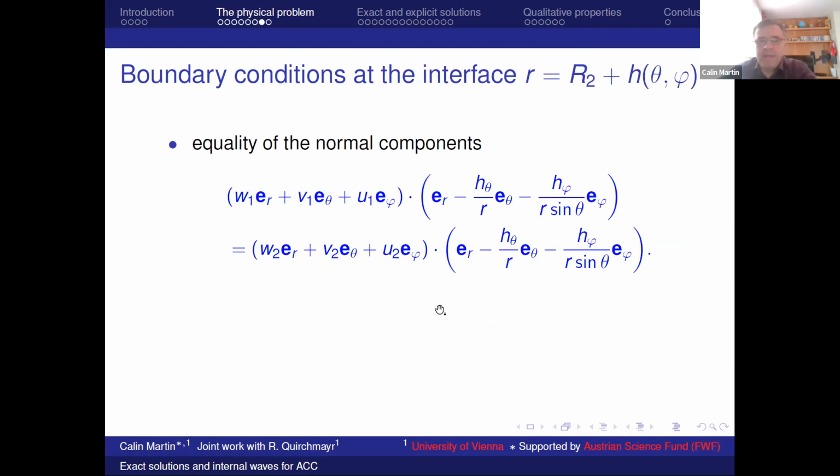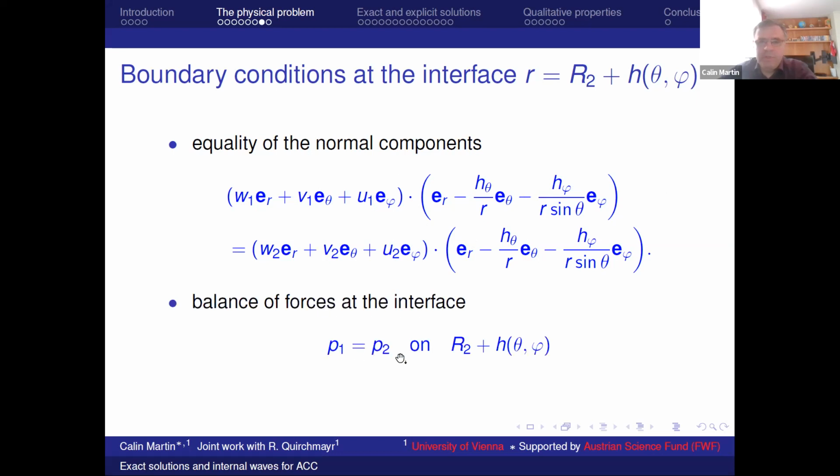At the interface, we have the balance of forces. What is required is that the velocity field from the lower domain and the velocity field from the upper domain have the same normal components, so the velocity is continuous in the normal direction across the interface.